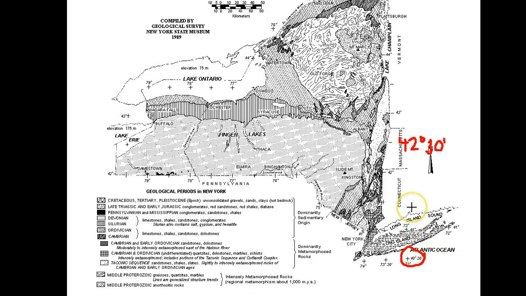The other halfway point is 73 degrees, 30 minutes, I see next to that. This is a line of longitude, and it's indicating that this is halfway between 73 degrees and 74 degrees west, okay? So this is important to note, and we'll do further practice with this in class together.